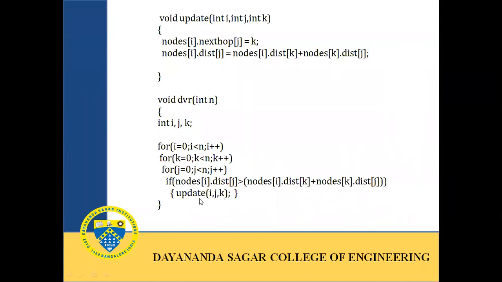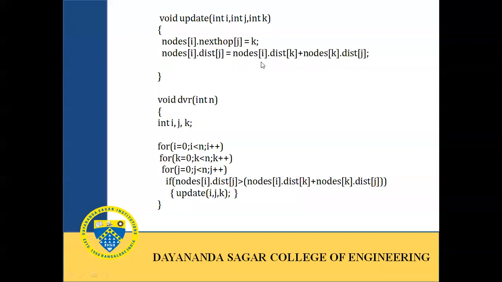Okay. So how do we update it? We'll send from which node to which node and what is the value of the shortest path. So the update function is called here, where the new shortest value is stored. The shortest value is what? From I to k, k to j. So that is the shortest distance. So that is added to the value of this particular entry, I to j.